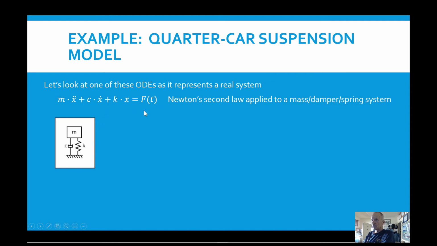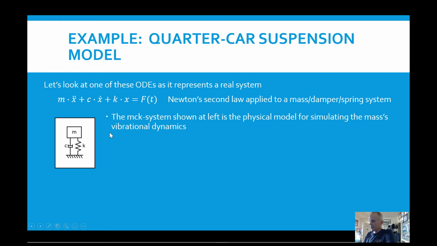So if you're designing the suspension of a system, this is the model that you would start out with. You basically get the car and you split it into 4 pieces, and you get each one of those pieces and you put a shock absorber and a spring underneath it. Let me just continue with this and we'll see how this works.